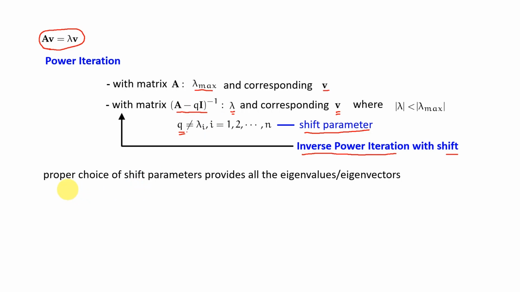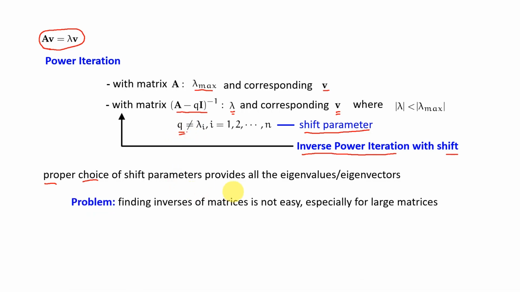Now we understand this. The key to this technique is the proper choice of the shift parameter Q to get the eigenvalue and eigenvector. One of the problems is of course the proper choice of Q and nothing we can do about it. But then there are other problems.